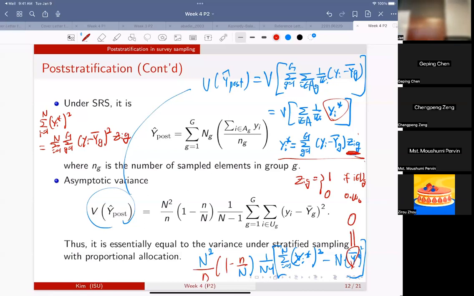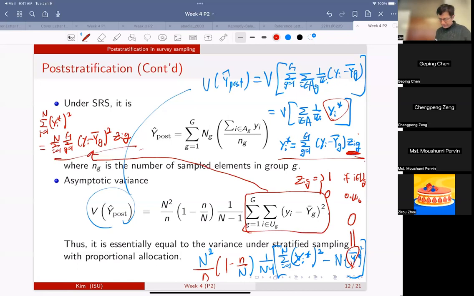You don't have to worry about the cross product term, if the group partition is exhaustive and exclusive, right? So that is basically this guy. Same thing.